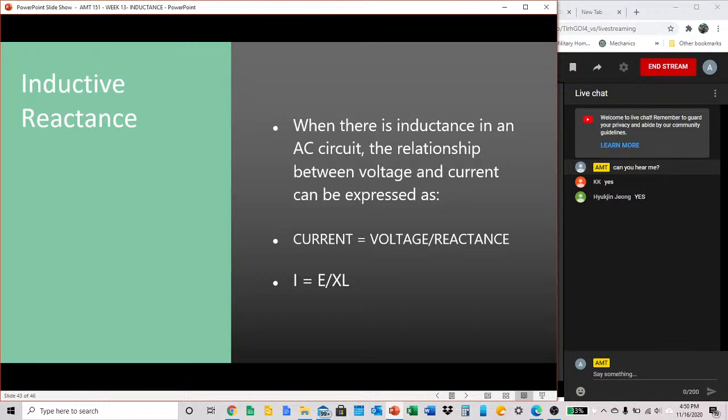But when there is inductance in an AC circuit, the relationship between voltage and current is expressed as current equals voltage over reactance, which is symbolized by I equals E over XL.